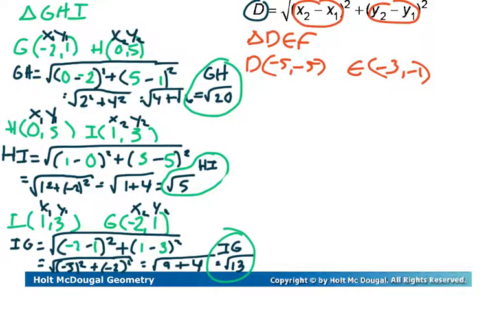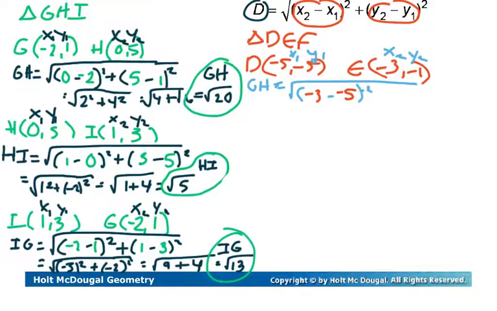Alright, so if we want to find the length of, let's see, GH, we're going to go ahead and mark our x's as x1 and y1, this one over here as x2, y2. And so we'll end up doing the square root of x2, which is negative 3, minus x1, which is negative 5.